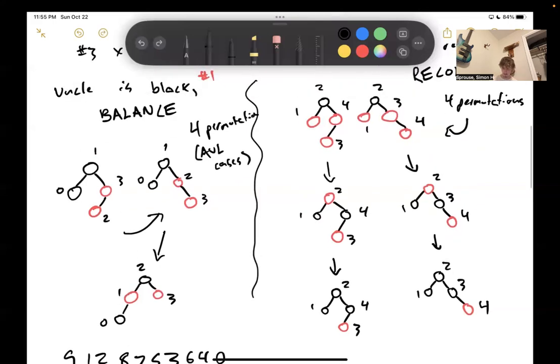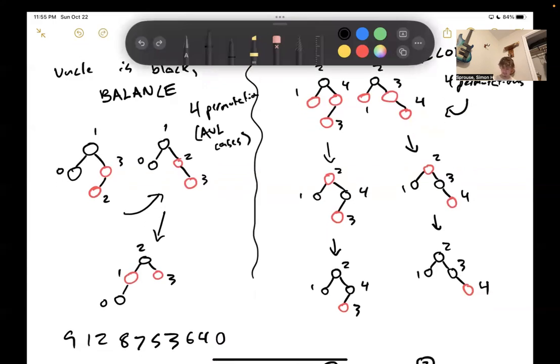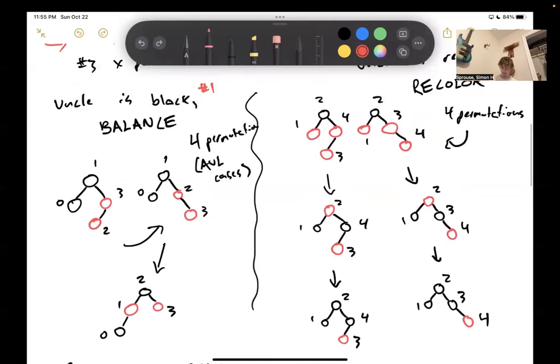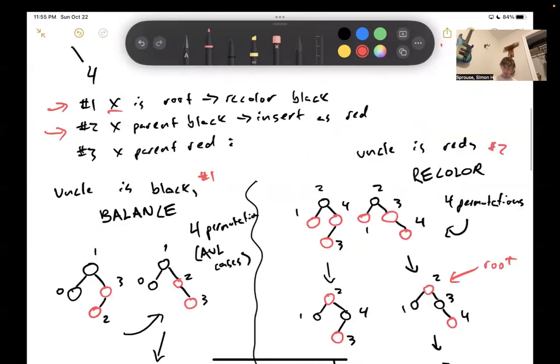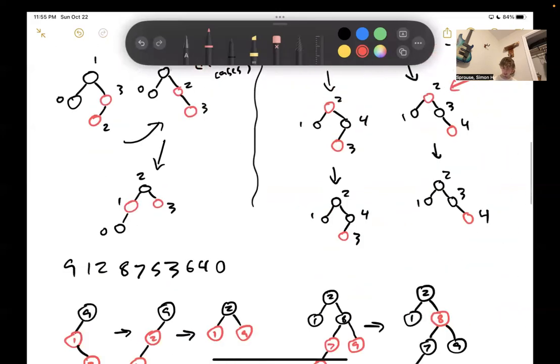And if it's the line case, it's going to be handled exactly like this, no difference. And then if you are looking at a tree, suppose this is the whole tree and this is the root node, then we're going to go back to case number 1 and just recolor this root node to be black.